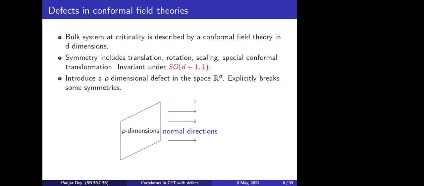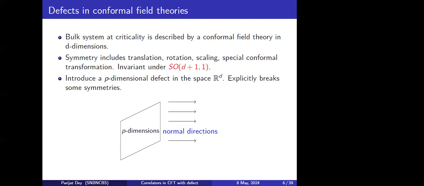Now what we do is we introduce a defect in this d-dimensional system. For our purpose, we think about planar defects. Imagine that we have a p-dimensional plane and we put this plane in this d-dimensional space.